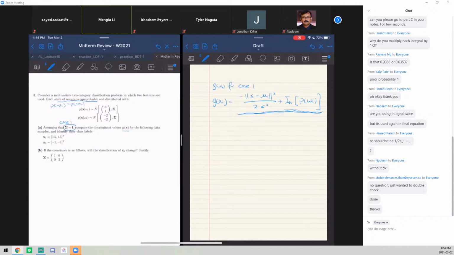It is from here: the covariance matrix is equal to the identity matrix. For case two, the covariance matrices are always the same, they don't need to be identity matrix. That's case 2. And for case 3, it's whatever the covariance matrix is. So from here, we know it's case 1, and we just go to find the equation for case 1.